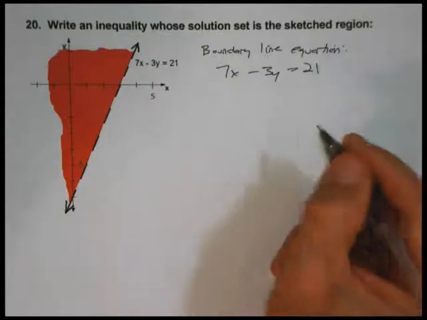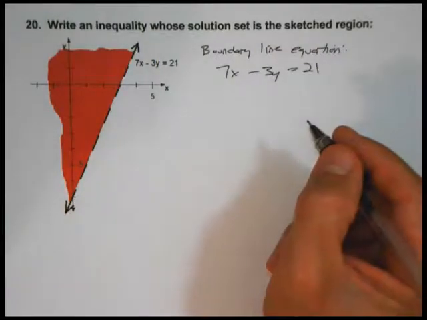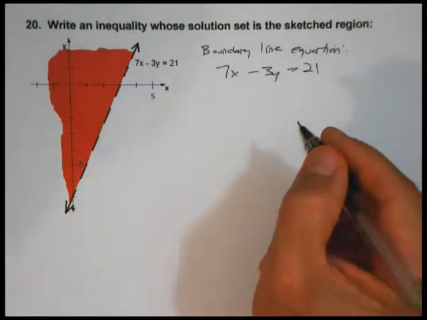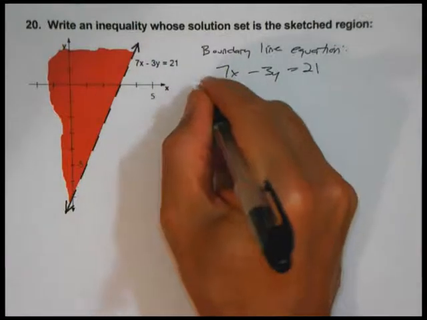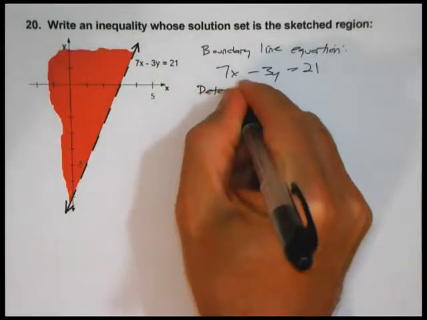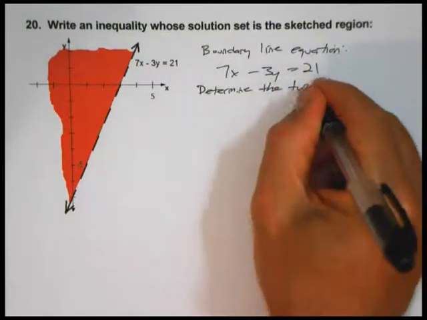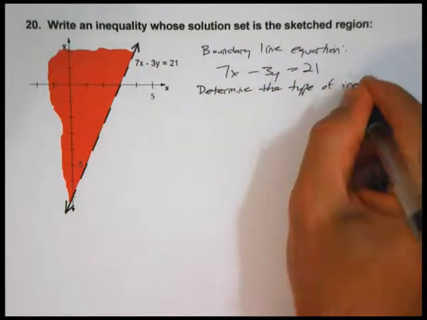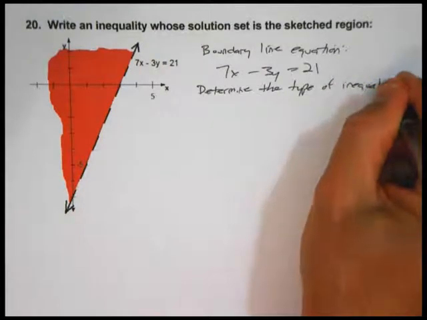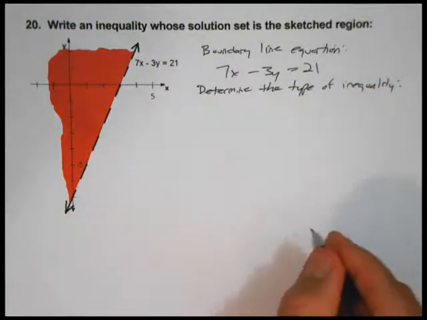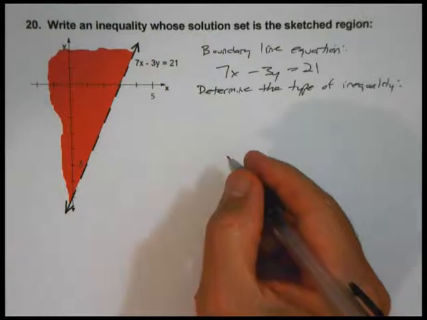But now we need to figure out whether to write an inequality with a less than or a greater than sign. Okay, so we need to determine the type of inequality. What to do? Well, we could do this.